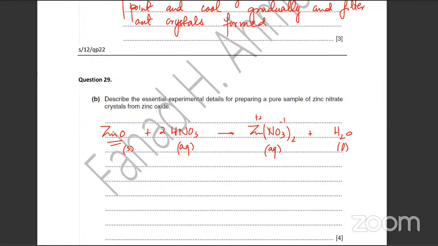So again, excess method. Okay, add ZnO in excess to nitric acid and keep adding until it no longer dissolves.